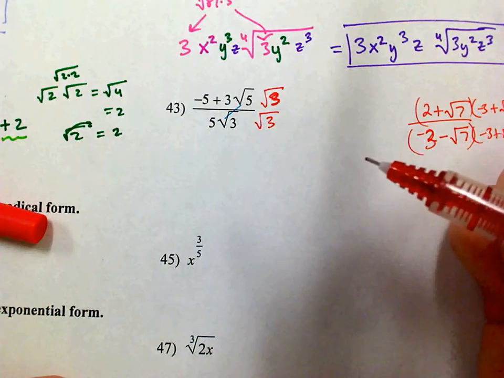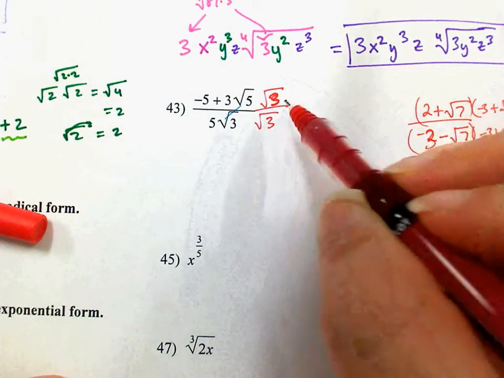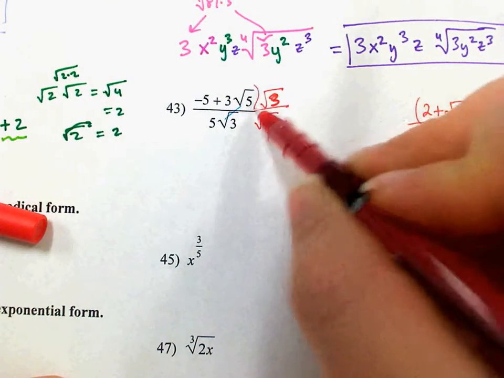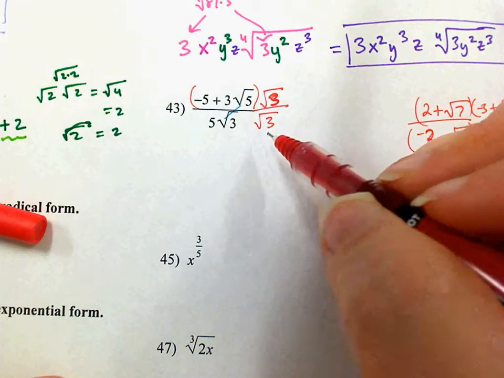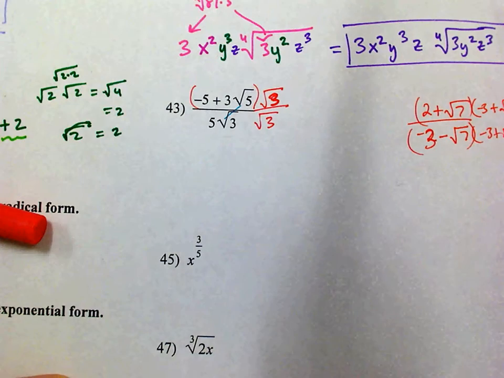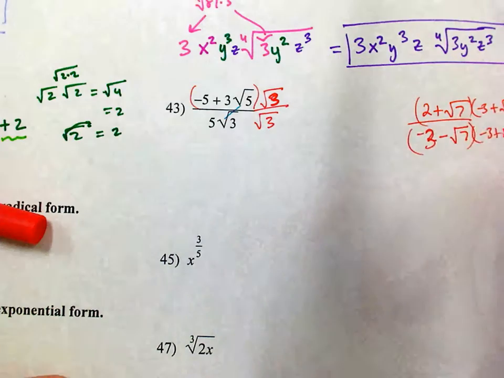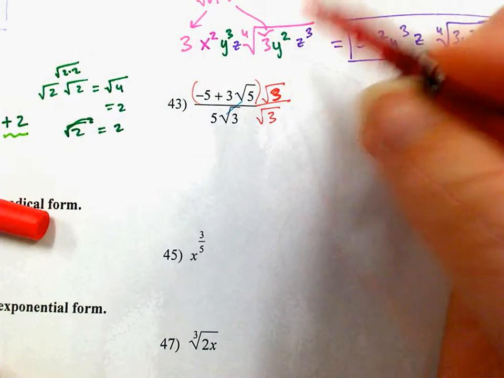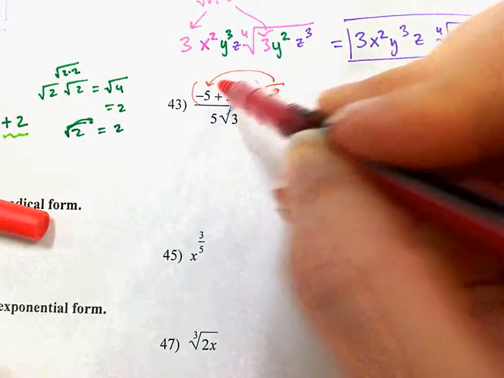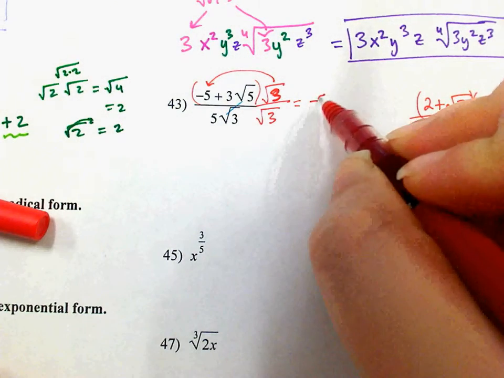So I need to multiply top and bottom by square root of 3, because in effect you're multiplying by 1. When you multiply by something divided by itself, you're multiplying by 1, and that really doesn't change an expression. So I'm going to distribute. Negative 5 times the square root of 3 is negative 5 square roots of 3.